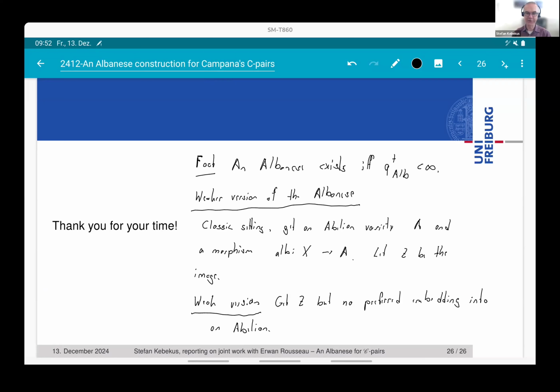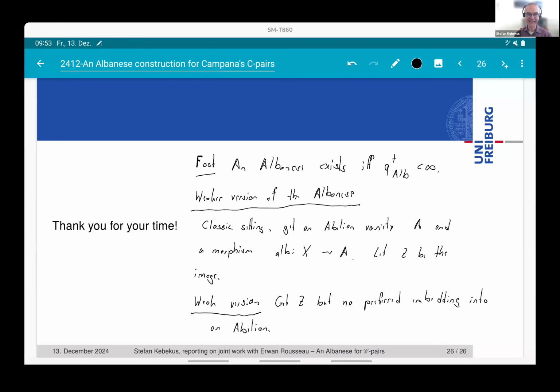It has an embedding into an abelian variety, but it might have many embeddings into an abelian variety, and that embedding is not canonically given. When I say this might be just as useful, it's because we have a universal object Z.